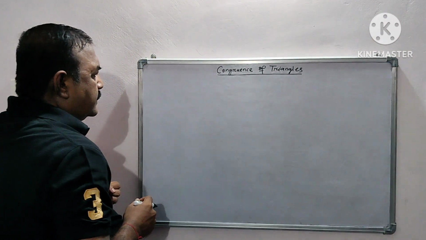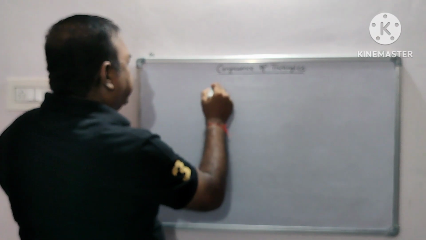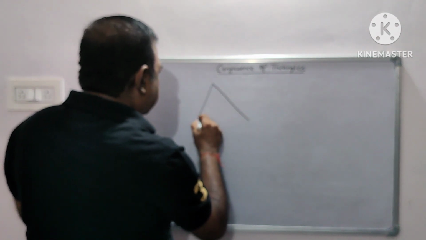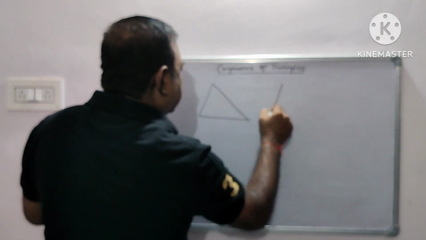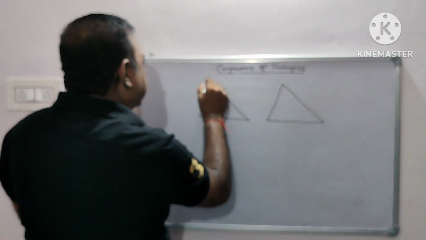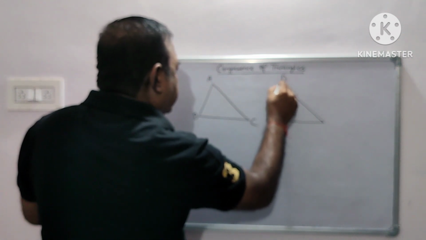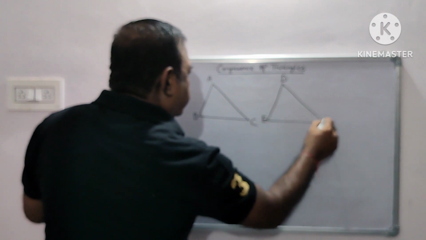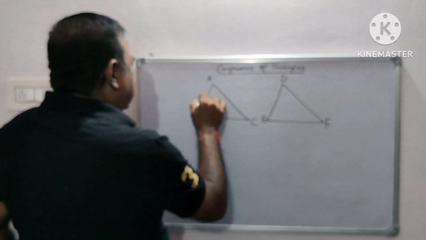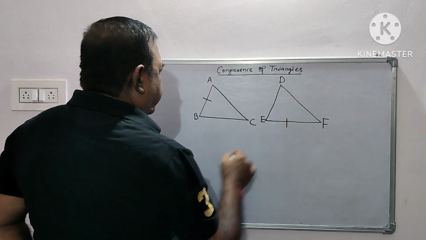Suppose I will take two congruent triangles. Suppose like this. So the length of AB is equal to the length of EF.